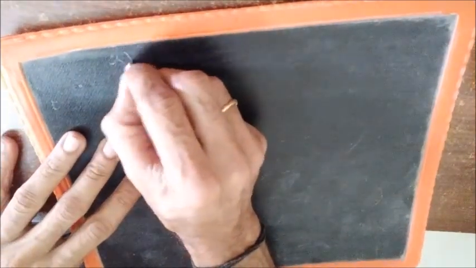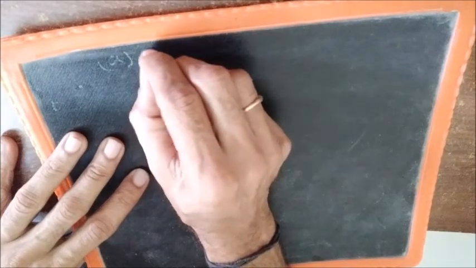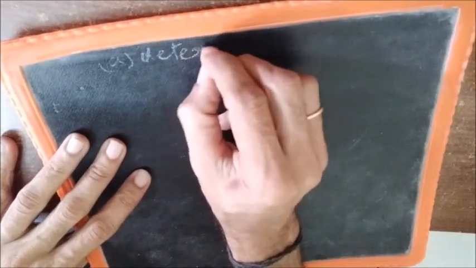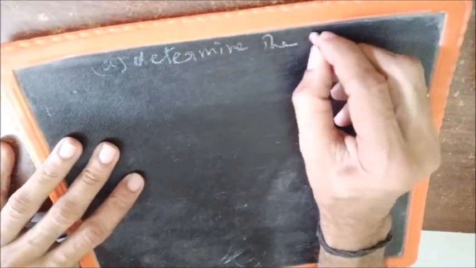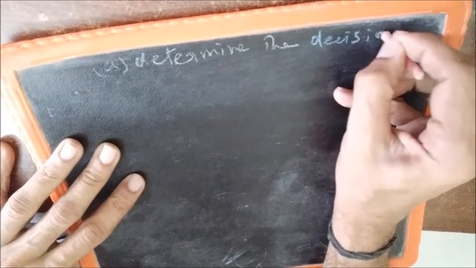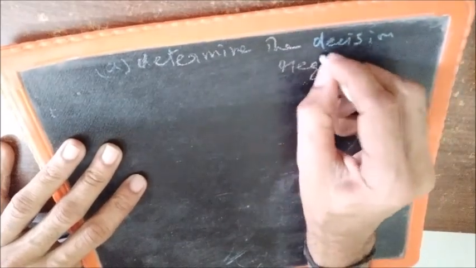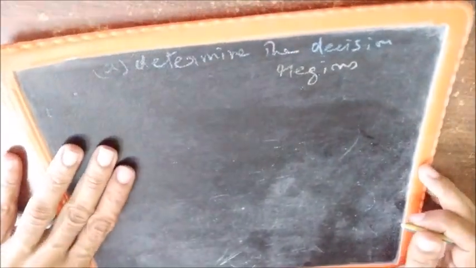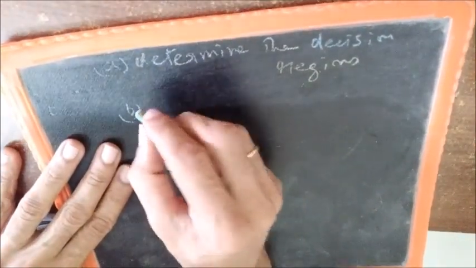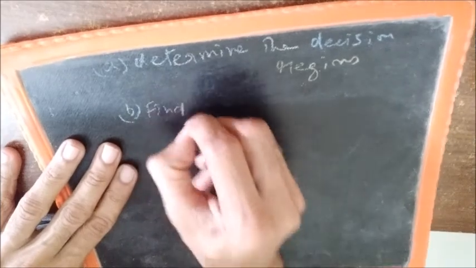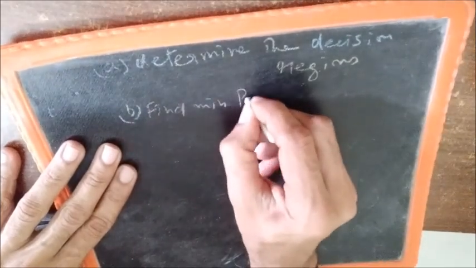The problem asks us to find, first, to determine the decision regions, and the B part of the question is to find the minimum probability of error.